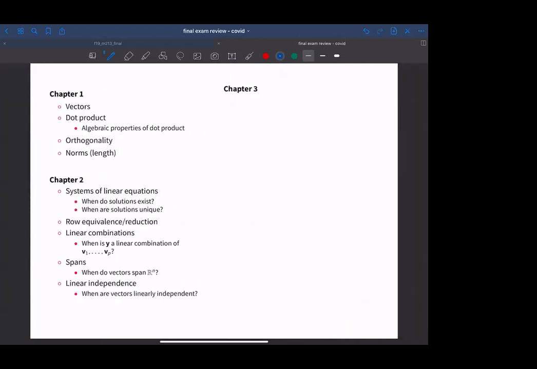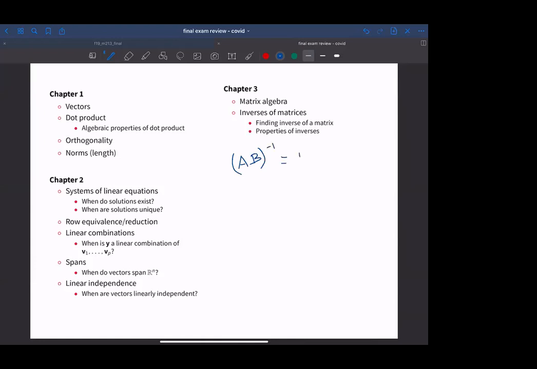All right. So then we get to chapter 3. We see matrices. We learn about inverses of matrices, or matrix inverses. So the first thing you should know is how to find the inverse of a matrix if such an inverse exists. And then you should also know a few properties of inverses. So for example, if I have A times B, and these are both invertible matrices, I can multiply them together and then take the inverse.